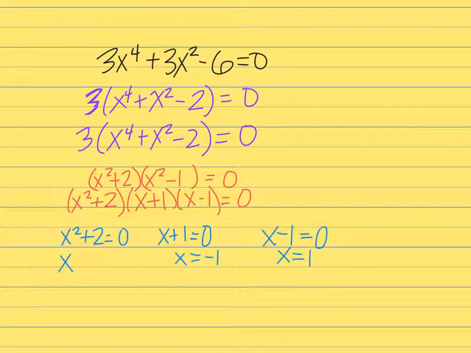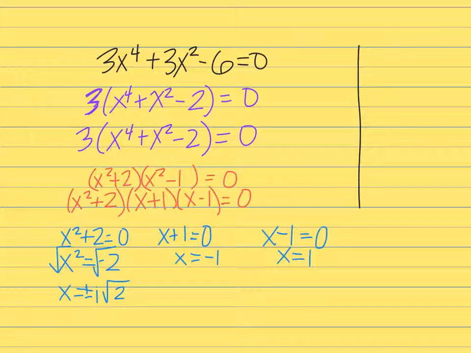But this one, if I try to solve it, I would subtract 2 to the other side, and then I would take a square root, and I would get x equals i times the square root of 2. Actually, plus or minus i times the square root of 2. So it has 2 non-real roots. That is not going to show up at all in my function. So what will show up is the real zeros.